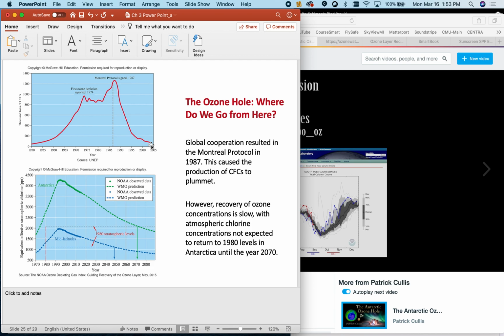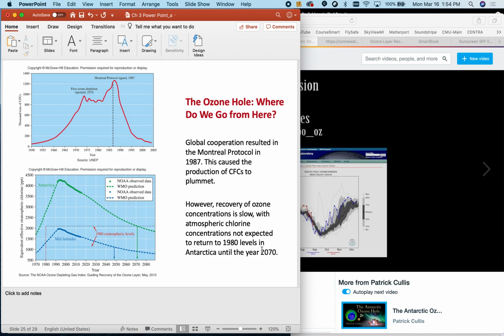And so then they started to see the levels of the ozone hole at least stabilizing. They figured that we would get back to 1980 levels, before we were putting in all these CFCs, in the year 2070.